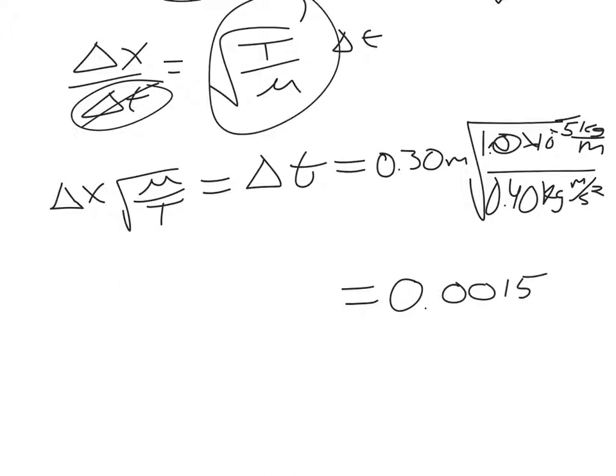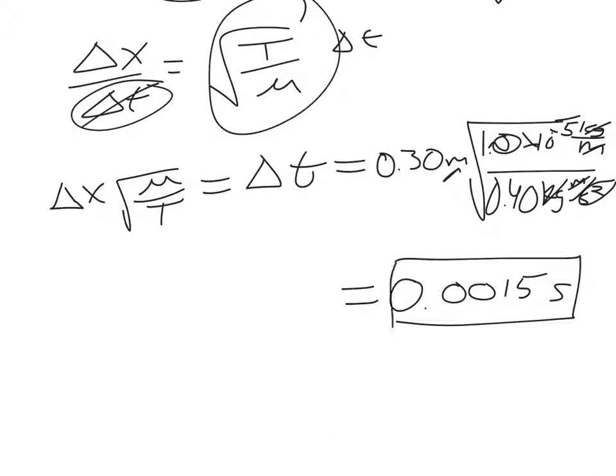Now here's where I'm second guessing. So I have kilograms that cancel and meters that cancel, and seconds squared, square root should give me seconds. This is bugging me. Because this is the right answer.